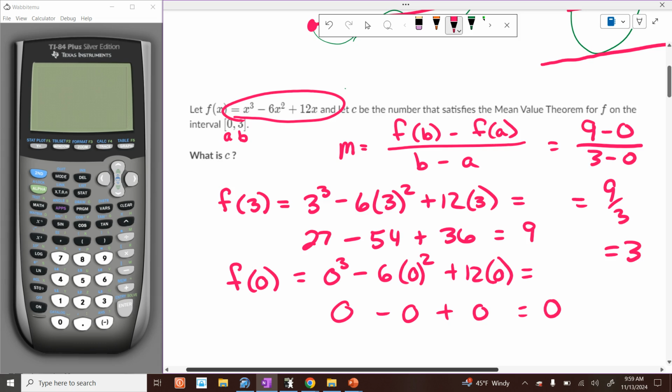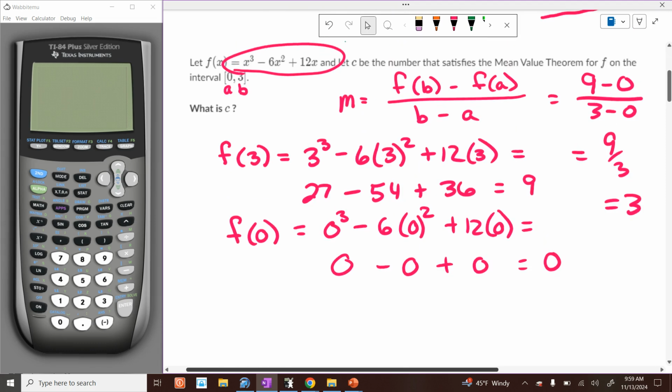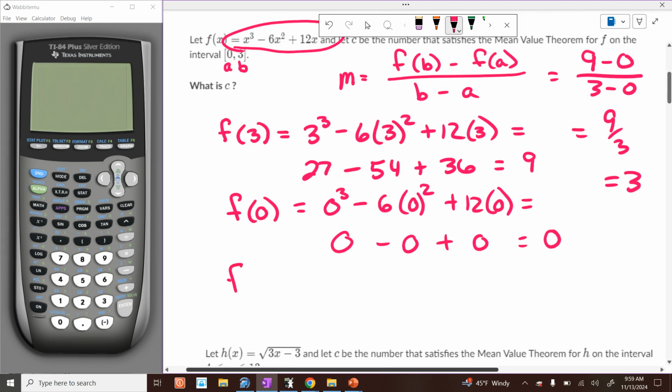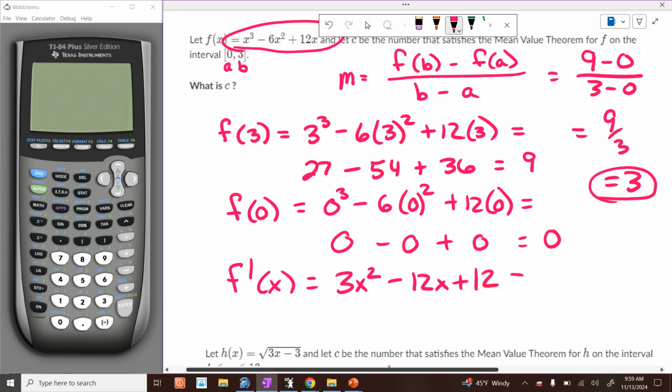How do we find slope in calculus? We take the first derivative. So f prime of x equals 3x squared minus 12x plus 12. And what we do is set it equal to the answer that we got in the first part, 3, because we want the slope equal to f prime of c.